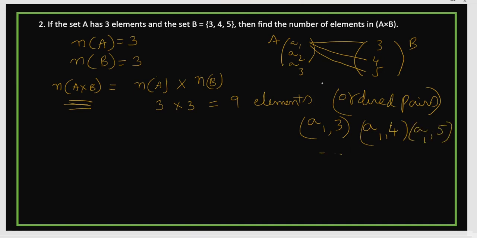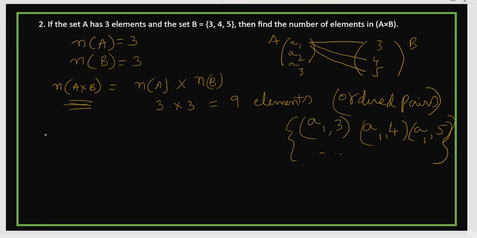Like that you will get the same with A2, and A3 also with 3, 4, 5. We'll get 9 elements in total. These are all the ordered pairs, and this complete collection is a set, A cross B, in which 9 elements are there. This is the fundamental principle.